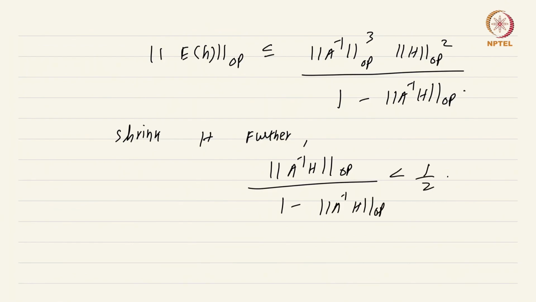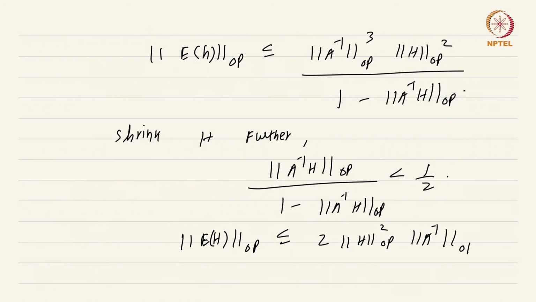Once you do this, you will get that the operator norm of E of H is less than or equal to 2 times the norm of H squared, the operator norm, times the operator norm of A inverse cubed, which is sublinear clearly. Hopefully I have not made any errors. Even if I have, these errors will not really matter for the qualitative nature of the proof. Ultimately we get that E of H is sublinear.